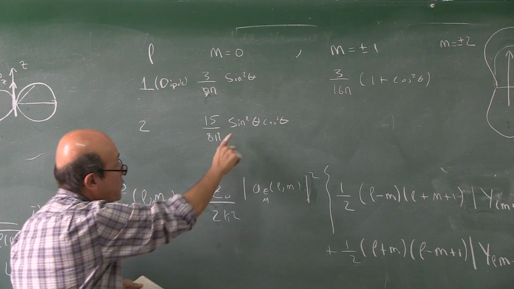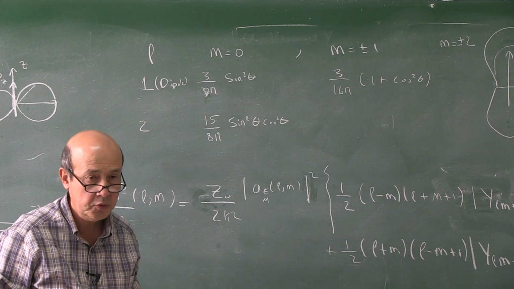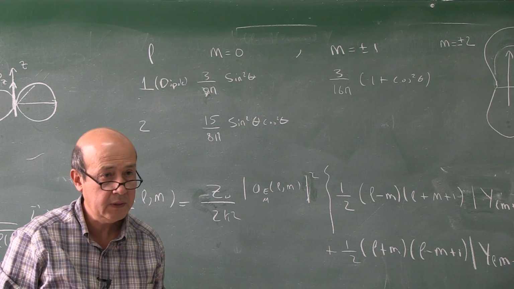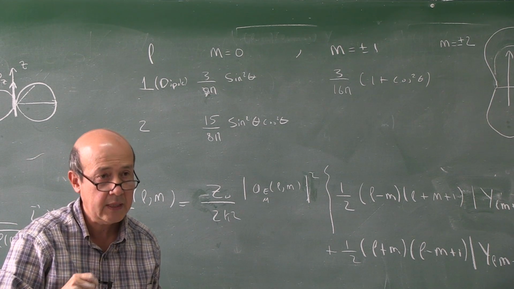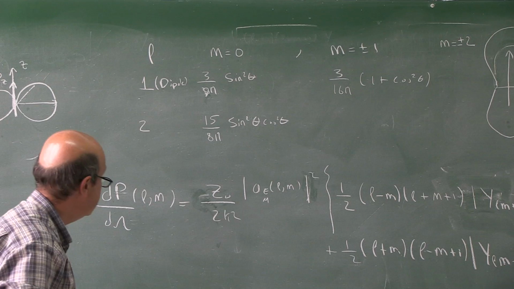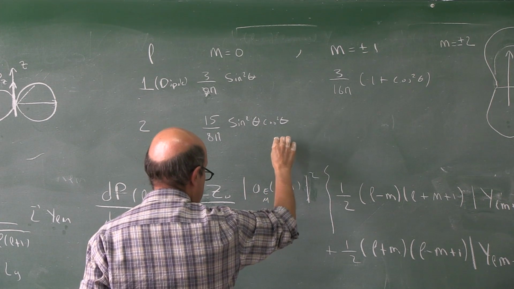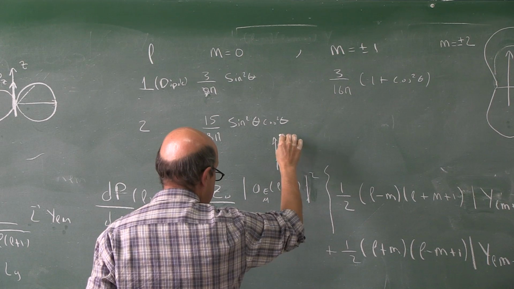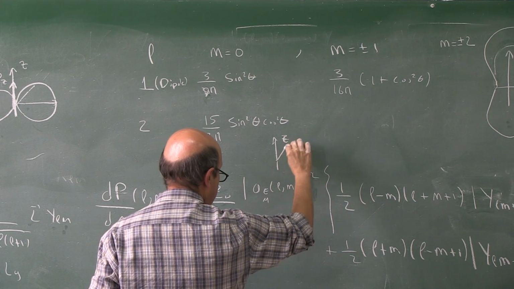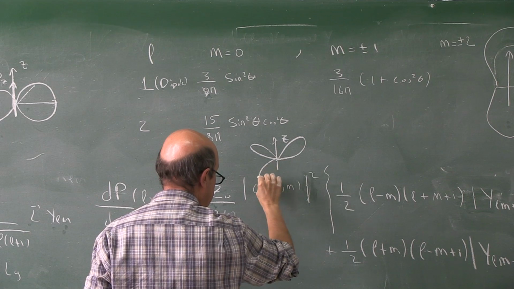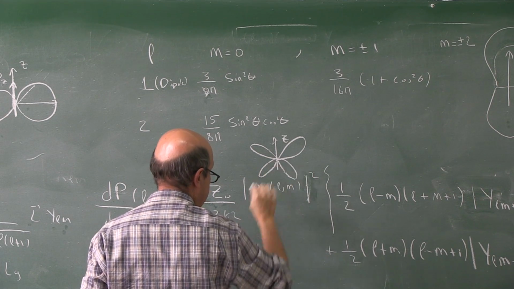So what is this sine square theta and cosine square theta? Do you remember? When we studied the electric quadrupole radiation, we obtained a coefficient sine square theta and cosine square theta. That means that you have 4 poles for that case. If this is the z-axis, you have one pole here, one pole here, and another here, and another here.